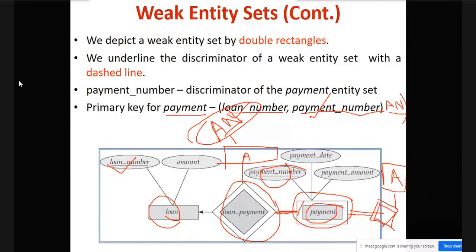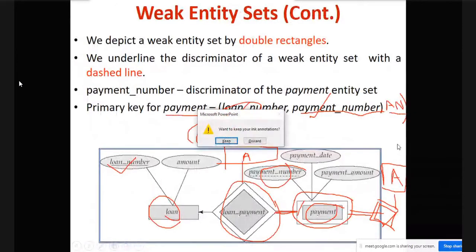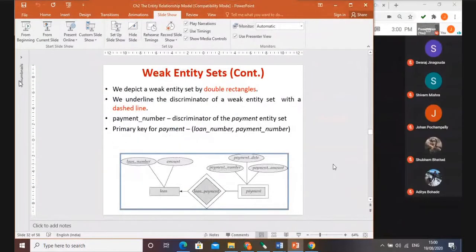Clear the concept of weak entity set? In a weak entity set, as I just told you, the entity set does not have a primary key. Its existence depends on the identifying entity set, or you can say the strong entity set.